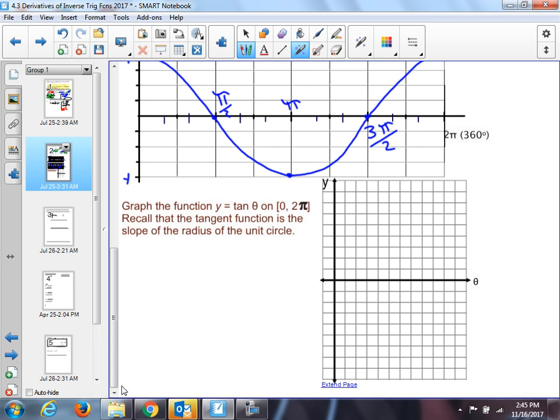So let's just get this on here on this graph. 0. How did I block this off? I have 1, 2, 3. That's my asymptote I'm just putting there. Okay, let's think this through.